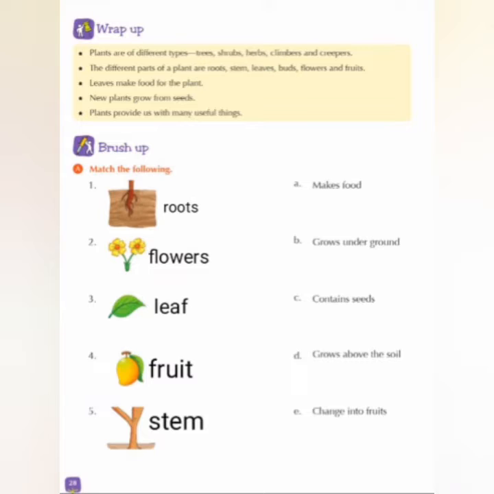Now, as you know, in the matchings, these are the pictures of parts of plants. First one is root, second is flowers, third picture is of leaf, fourth is a fruit, fifth is stem.